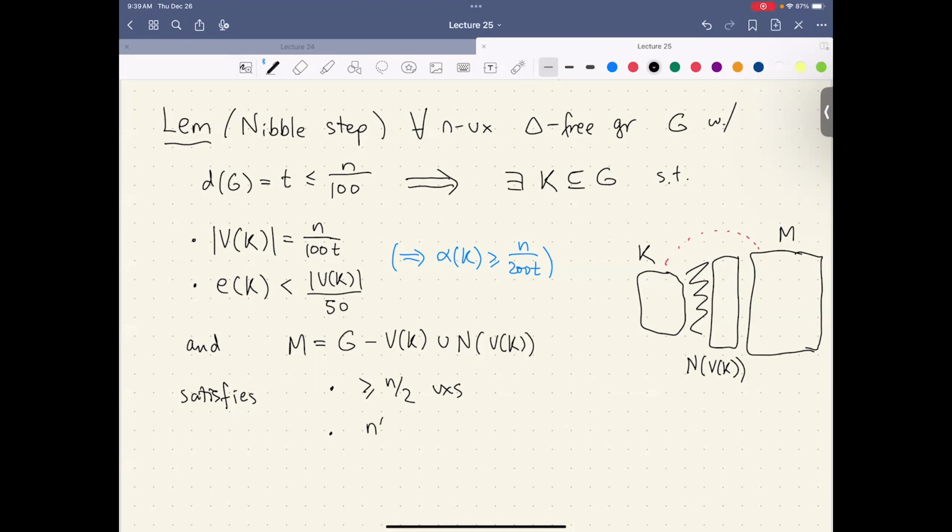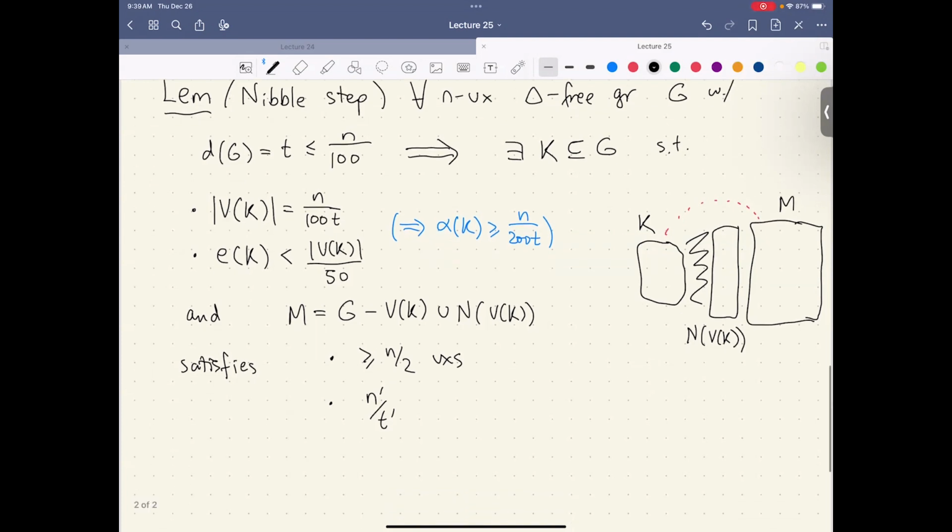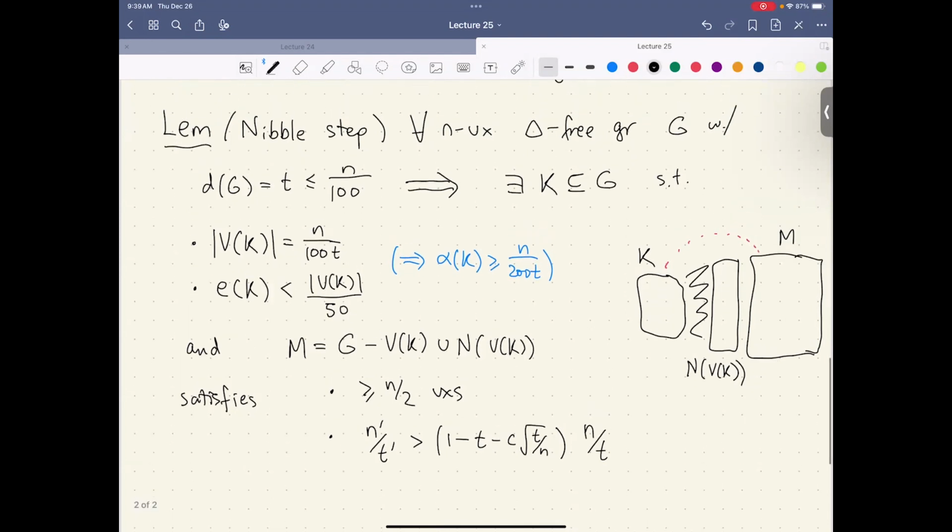Let me write m prime and t prime for the number of vertices in M and the average degree in M. This ratio, which is the ratio where we're going to find the independent set, is not dropping too much. It's at least 1 minus some absolute constant over t, times n over t. This is the nibble step.